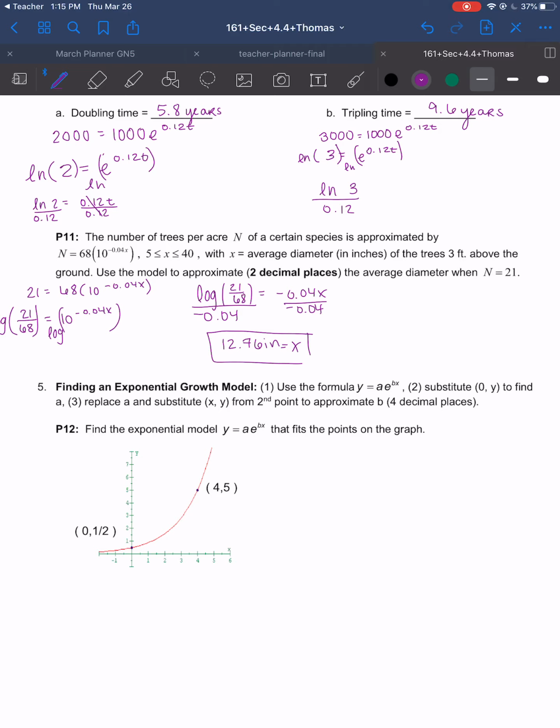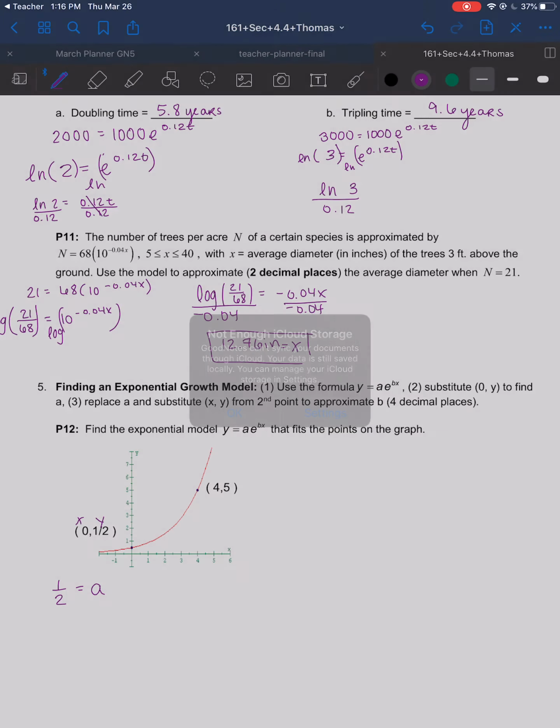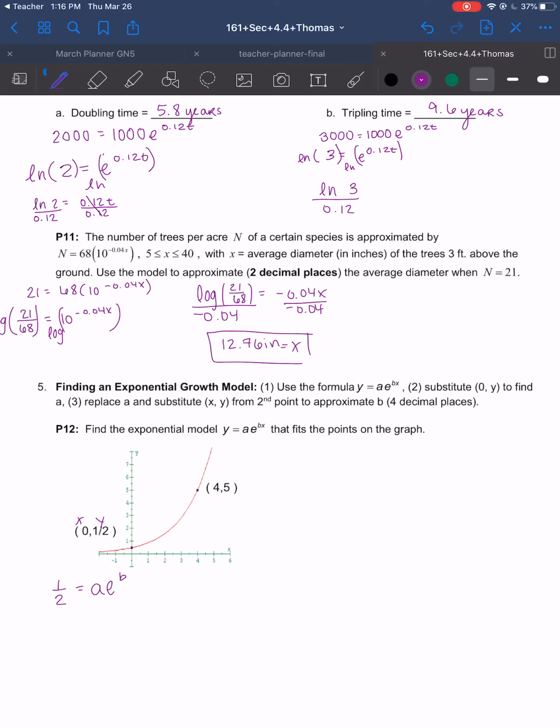So y is a half equals a e to the b times 0. Well, that's 1/2 equals a e to the 0. E to the 0 is 1, so that thing just becomes 1. So a is a half.